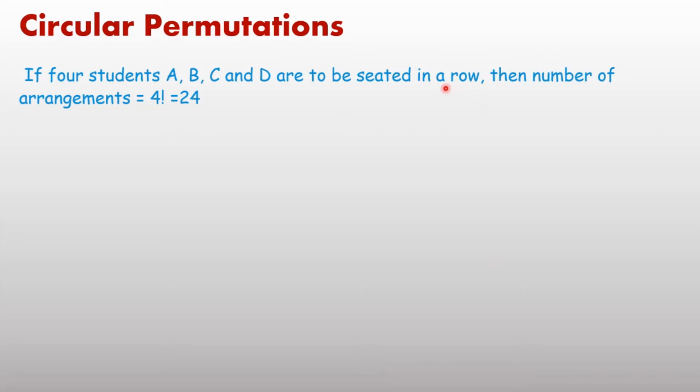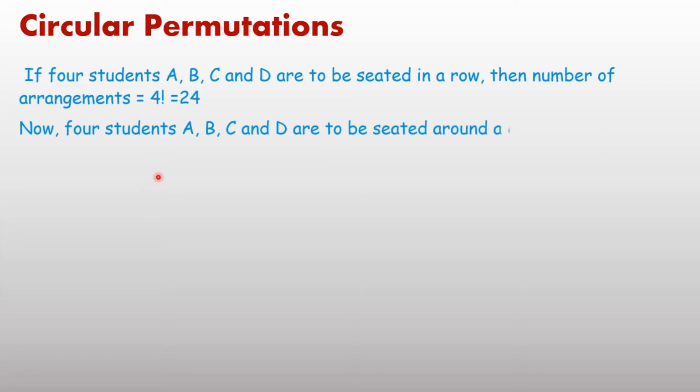Remember, the word used is row. Then simply you can apply the formula 4P4 equals factorial 4 equals 24 ways. Just 4 arrangements I want to write out of 24. But before that, if these 4 students are seated around a circular table, then what is the total number of arrangements?